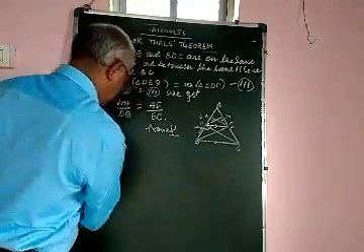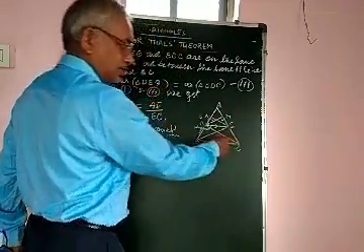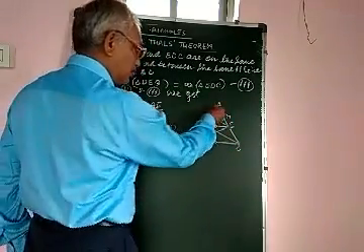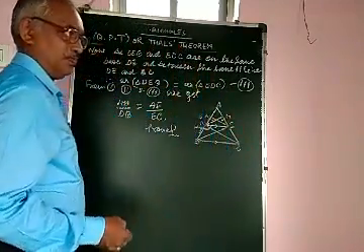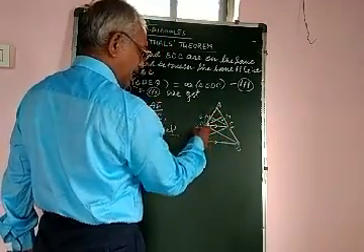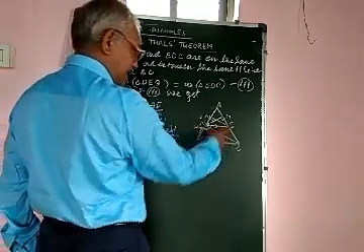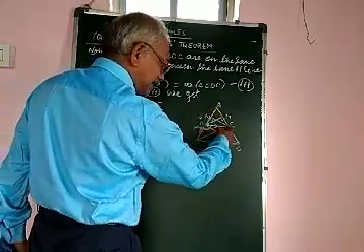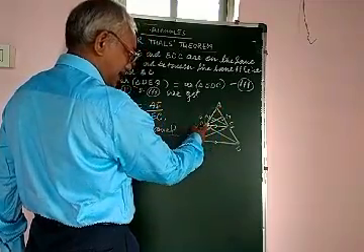Now again, see again, ABC is a triangle in which DE is parallel to BC, intersecting AB at point D and AC at point E. We have to prove that AD upon DB is equal to AE upon EC. Now construction. Draw EM perpendicular on AB and DN perpendicular on AC, and join BE and CD. Now proof. In triangle ADE, EM is perpendicular on AD.